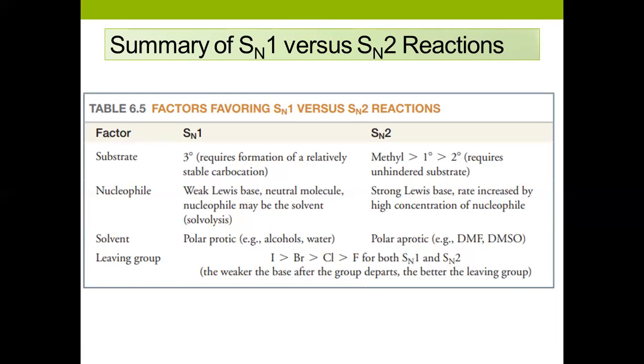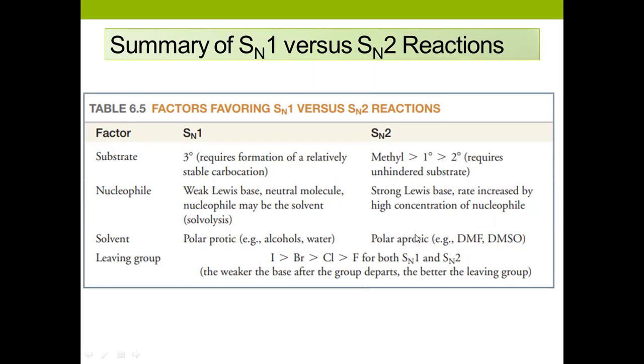It will assist the leaving group in leaving the substrate, and therefore stabilize the leaving group, because the first step in the SN1 mechanism is the formation of the carbocation. So any proton from the polar protic solvent will assist in the dispersion of the developing partial negative charge on the leaving group. That is for the polar protic solvent in the SN1 reaction.